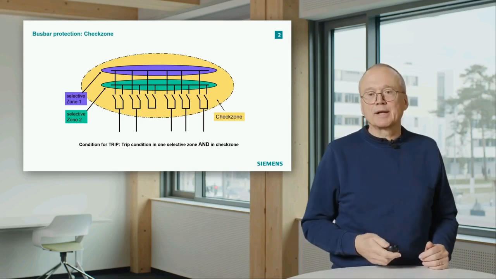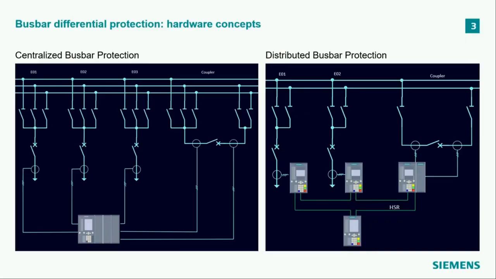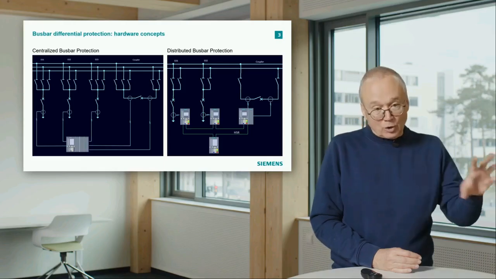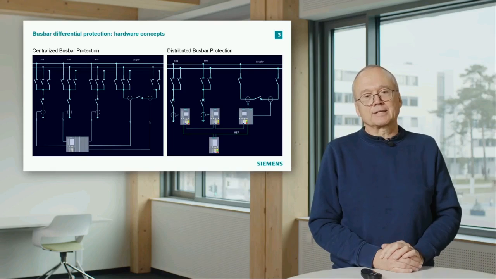And the third one is an easier one. That is the question, where are the components? And I show here in these two pictures the possibilities we have. On the left hand, we see a centralized busbar protection. That means we have one device, one protection relay there, and all current transformers, all contacts from isolators and so on.